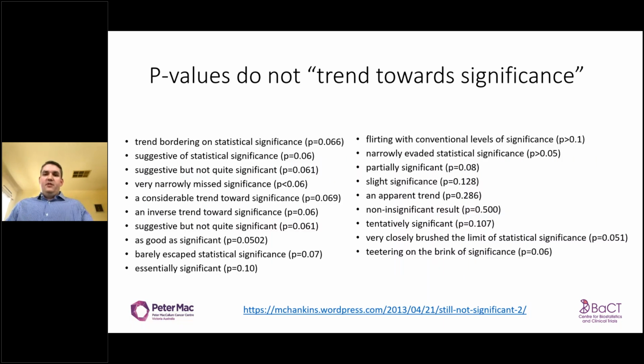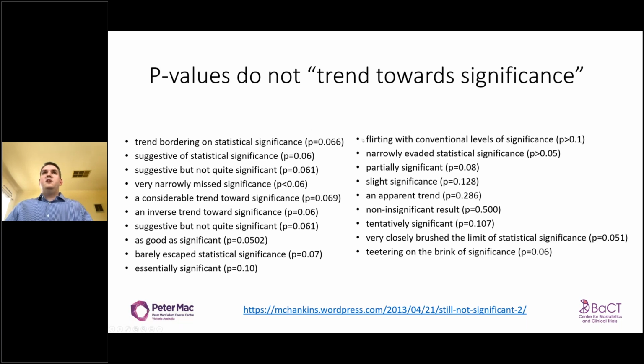There are many different ways that you can describe a trend without actually using the word trend, and this website at the bottom has more than 100 different ways that were gathered from peer-reviewed journals in which the authors describe a trend but not necessarily using the word trend. So they might say, as in the first example here, trend bordering on statistical significance, but they also might say things like it was suggestive, but not quite significant, trying to mean the same thing.